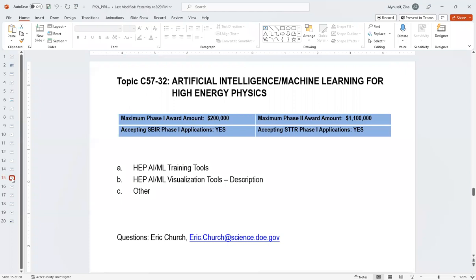So that's the general background on this topic, specifically 32A, high energy physics, artificial intelligence, machine learning training tools, development of software for training on petabyte scale data sets or continuous lifelong learning. Facilitating large data set training can be accomplished by any relevant technique such as real-time, distributed, or asynchronous training.